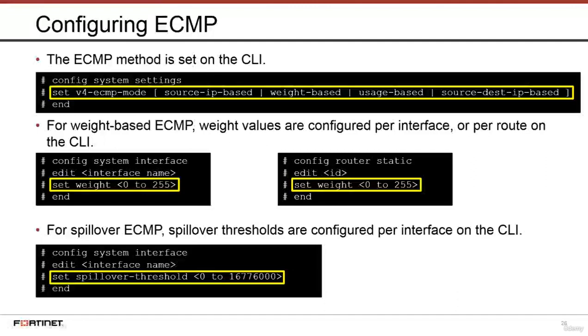You can change the settings on the command line interface using the commands shown on this slide. For the spillover-based equal cost multipath method, you must configure additional settings at the interface level. For weight-based ECMP, you must assign weight values to interfaces or routes, which you can do on the command line interface using the command shown on this slide.